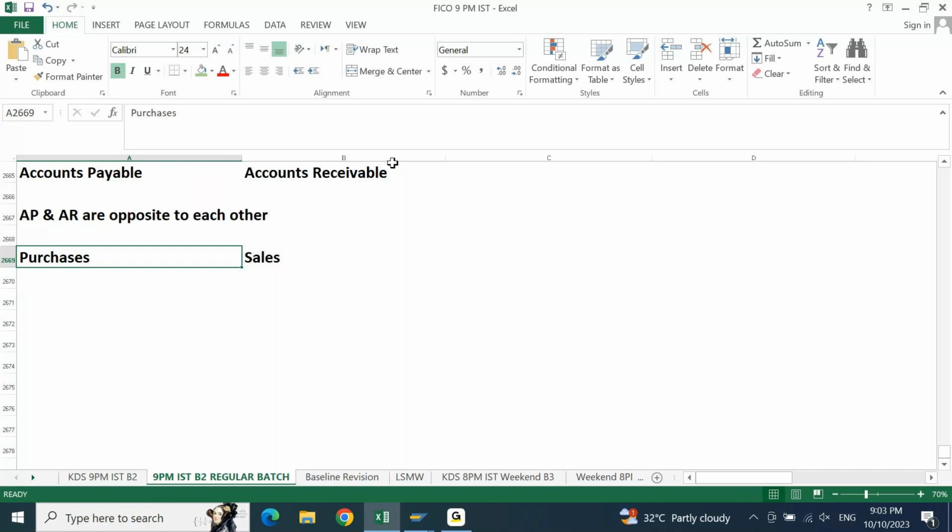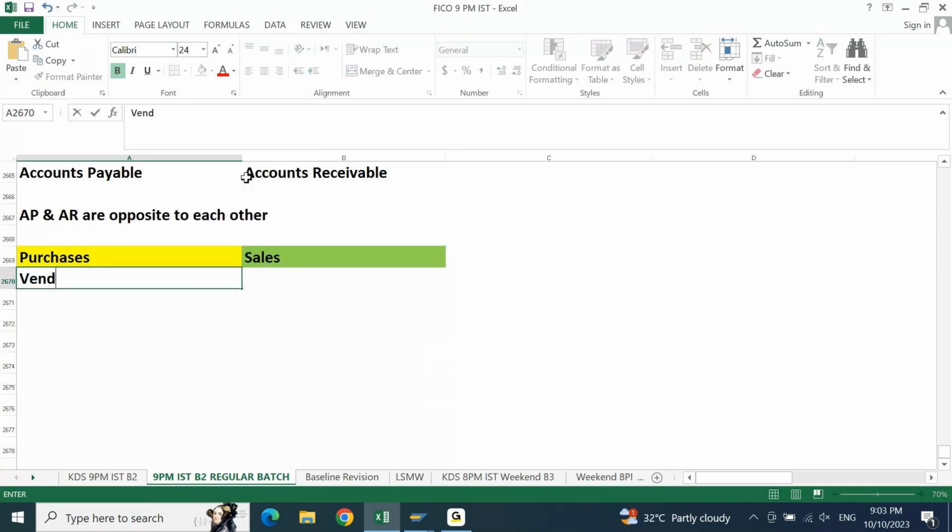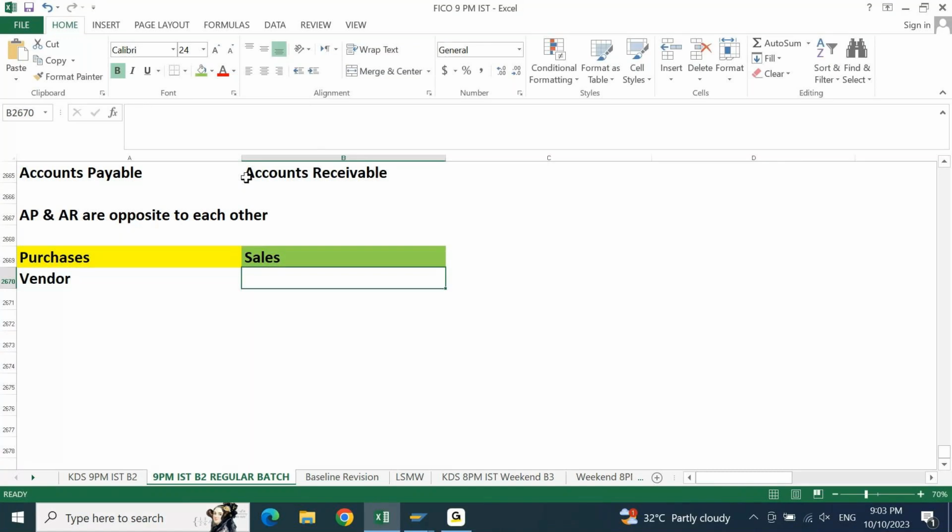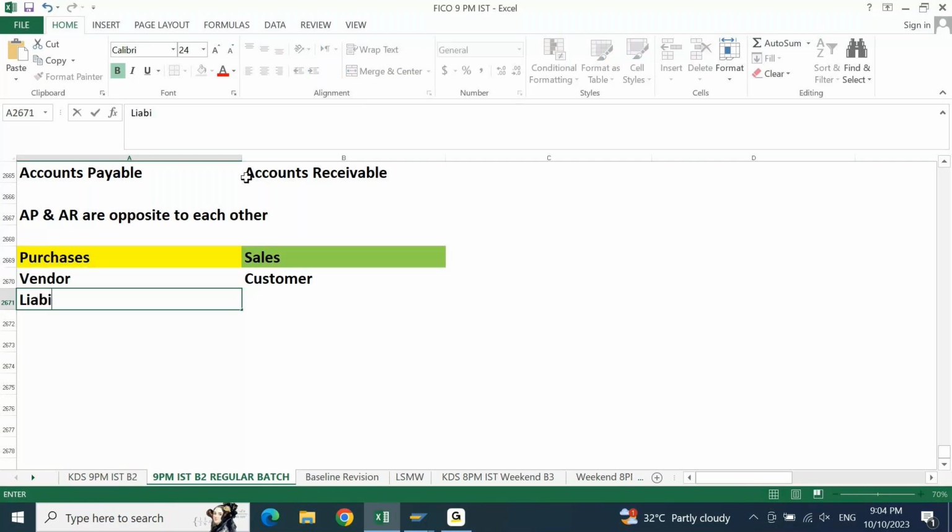Next point, we need to talk about purchases and sales. When I am talking about purchases, I am going to make purchases from a vendor, and I am going to make sales to a customer.